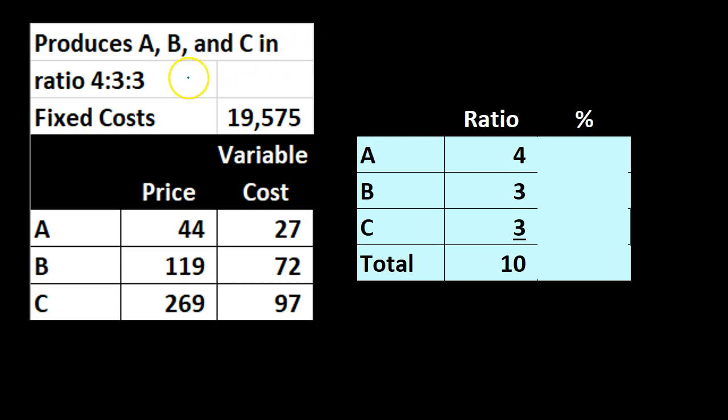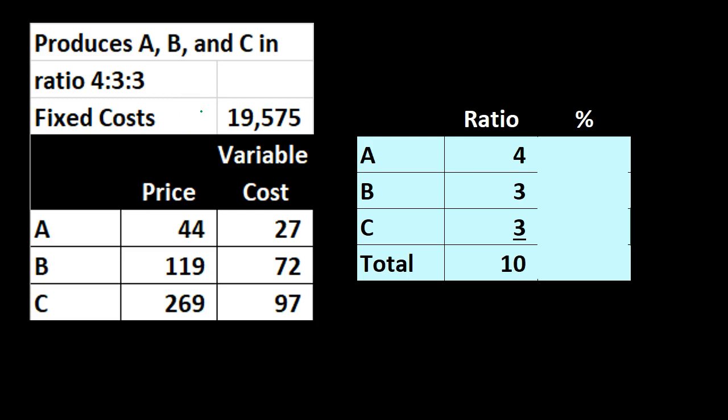Now we're going to start with a ratio of the products. We sell them in a ratio of 4:3:3. We'll discuss what that means, but this is one of the assumptions we have to have. We've got to say, what's the ratio that we sell these products in? Because that ratio is going to be necessary for us to calculate what the composite units will be. And then we've got our fixed costs, and this, of course, is going to be needed anytime we have the break-even analysis.